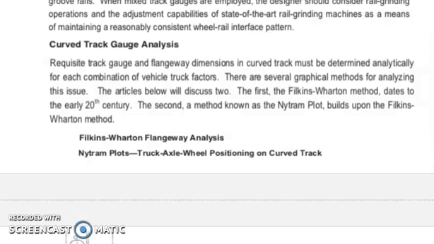For a curved track gauge, we have to take note that the track gauge and flangeway dimension in a curved track must be determined analytically for each combination of the vehicle factors. There are some graphical methods for analyzing the issue.